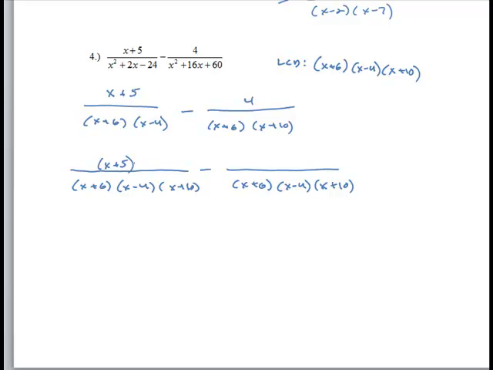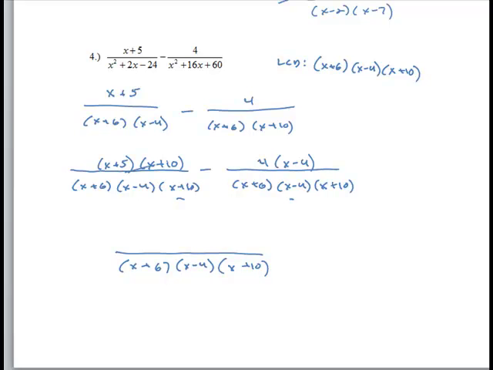That entire numerator is going to be multiplied by the factor x plus 10. The second one, that numerator 4, is going to be multiplied by the factor x minus 4. So now we can combine the two rationals into one.